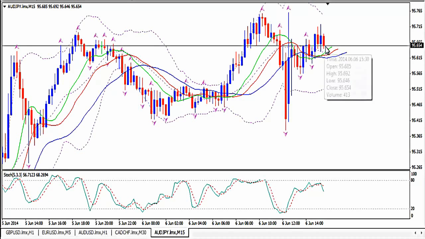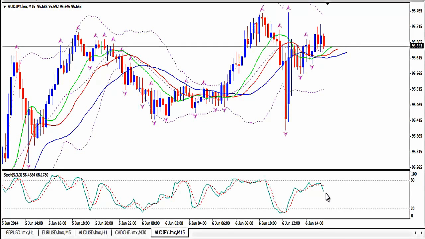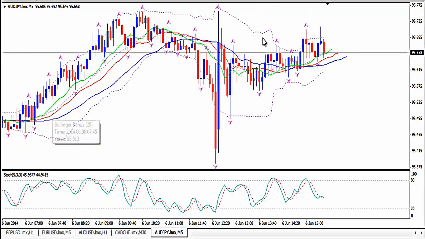Theoretically we can enter long now, but I see stochastics going down, so I would wait to see stochastics going straight up before I enter at the median Bollinger Band level, with the leading alligator always curved upwards. I want stochastics to go up too. I don't think this is an ideal entry.